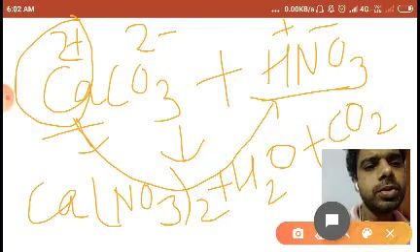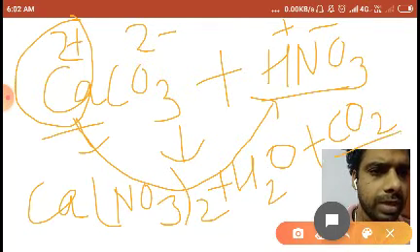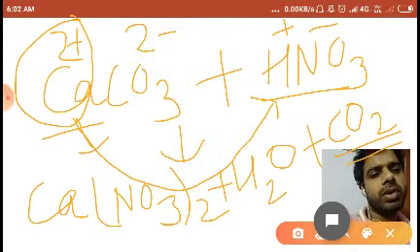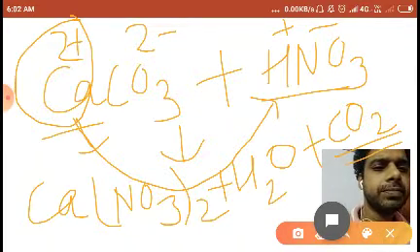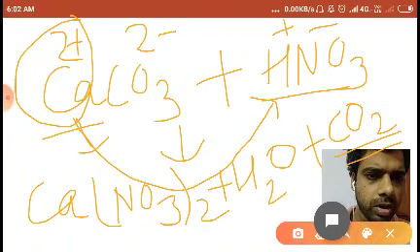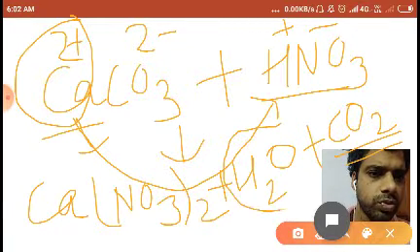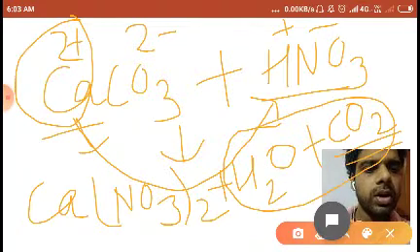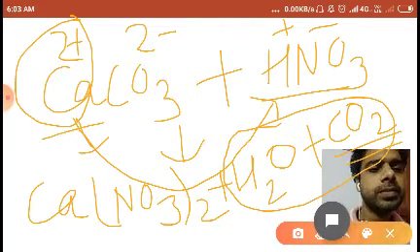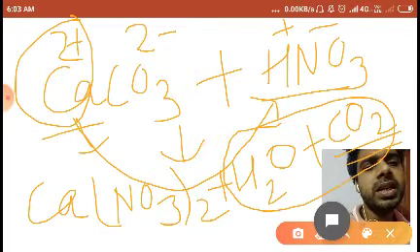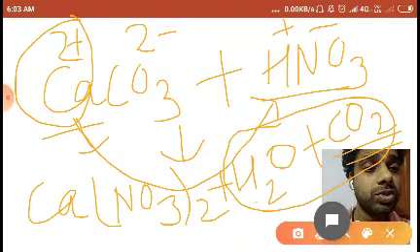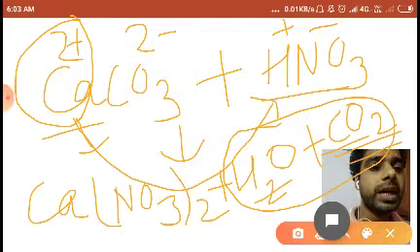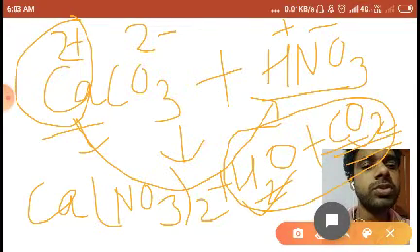Okay, now, dear students, you can say carbon dioxide gas will evolve whenever calcium carbonate reacts with nitric acid. Some students also ask, can we form H2O plus CO2 equal to H2CO3? That can form H2CO3, but H2CO3 is very unstable, and that will decompose again to give H2O plus CO2. So that's why we write H2O plus CO2 every time.